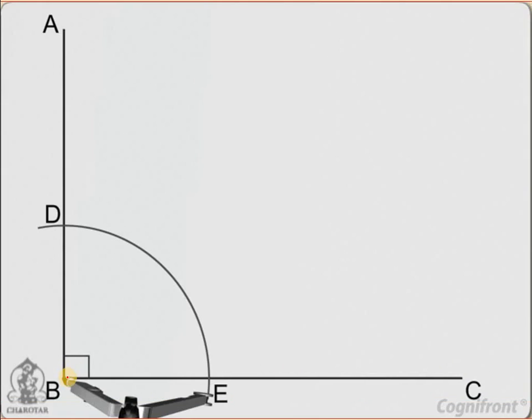So here we will have point D and here we will have point E. Now with the same radius and center D, mark a point here, and with center E mark a point here and join it with B.